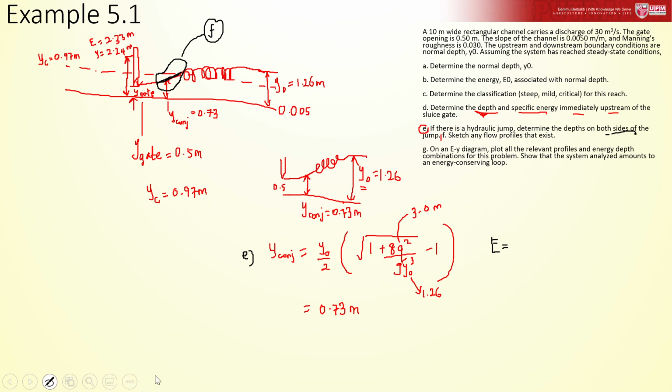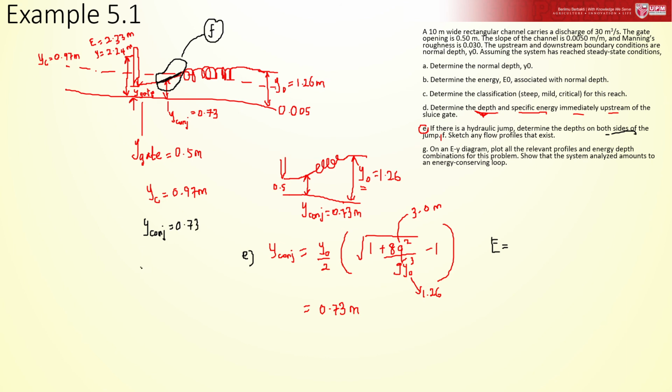So the profile that exists. I'm looking at my notes. Since we are comparing here the y conjugate and y critical, y conjugate was 0.73.